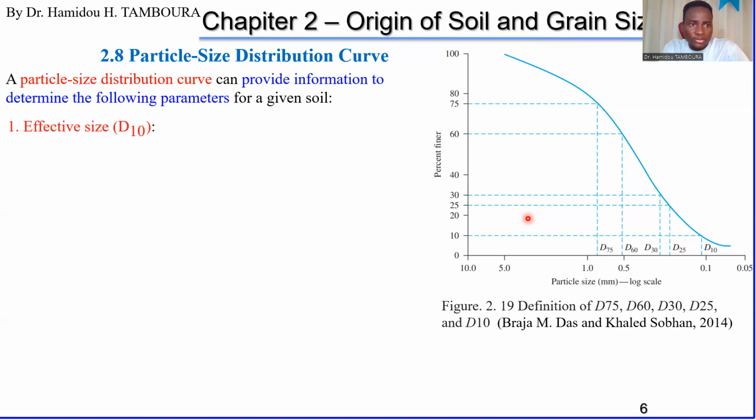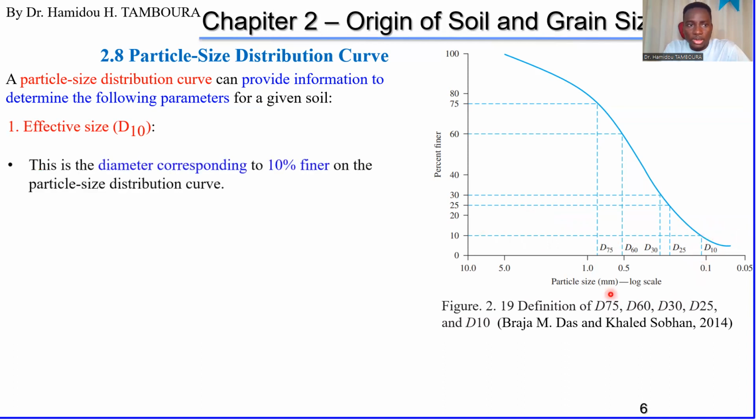number 1, effective size. The effective size means the effective diameter of the soil. So if we see this curve, 10% means the diameter corresponding to 10% finer on this particle size distribution curve. In our case it's 0 point something, a little bit higher than 0.1.